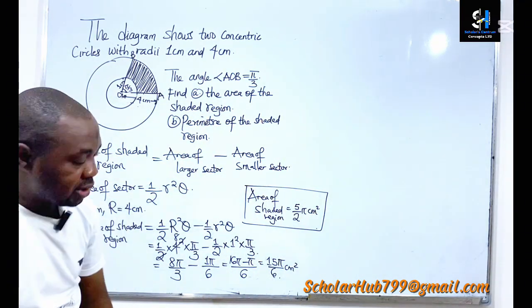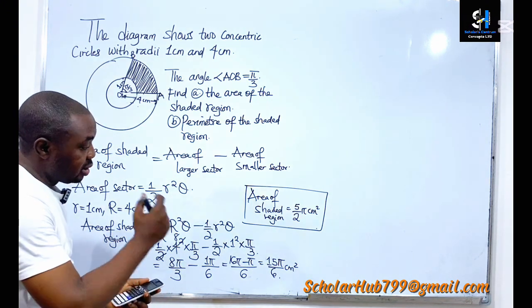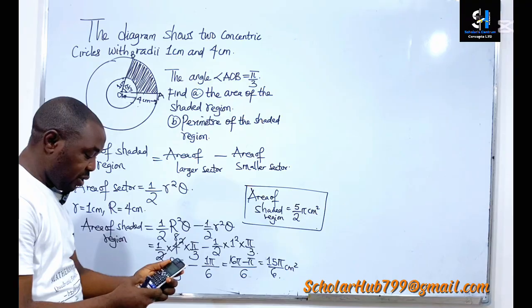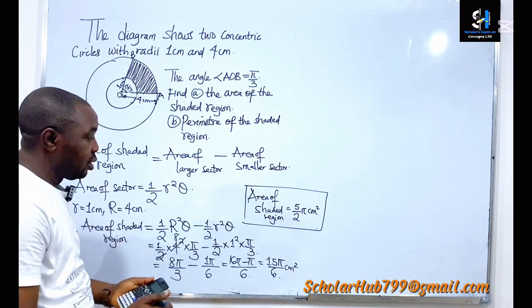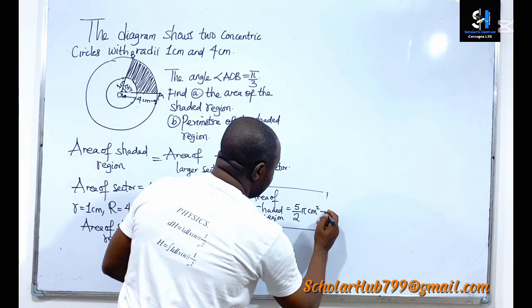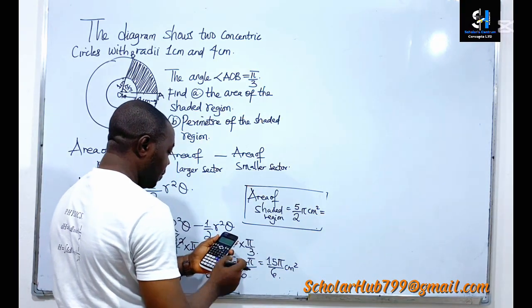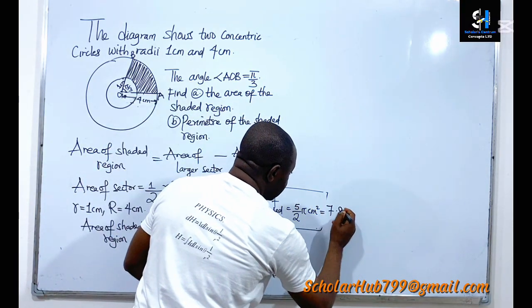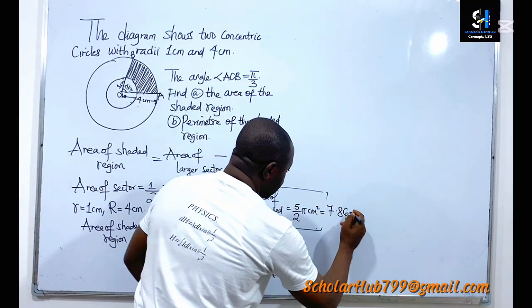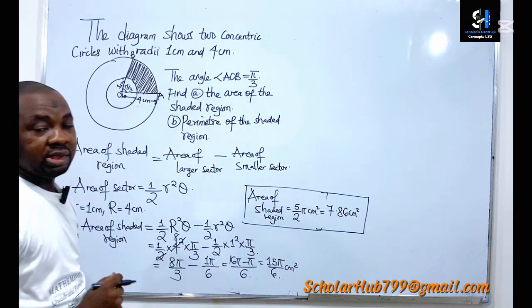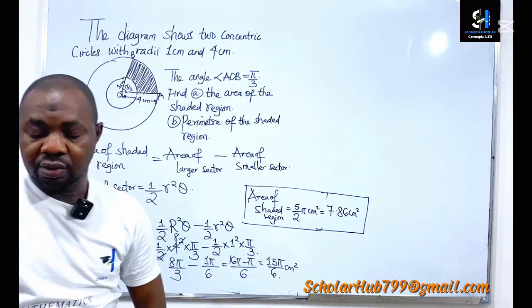The value of pi is 3.142, multiplied by 5, then divided by 2, that will be 7.86 square centimeters. That is the area of the shaded region.